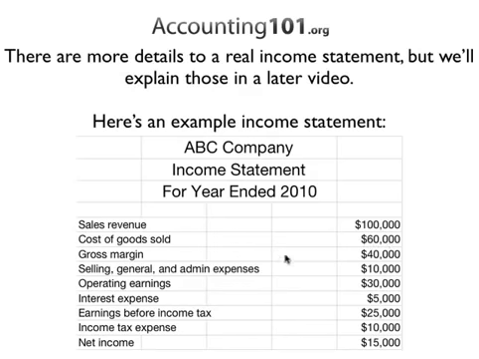So if those were $60,000, your gross margin would be $40,000. The gross margin is the amount of revenues, or its gross income, that's left over after cost of goods sold.